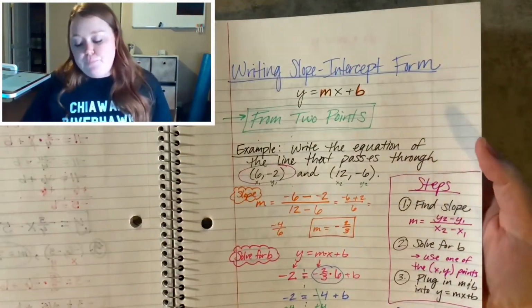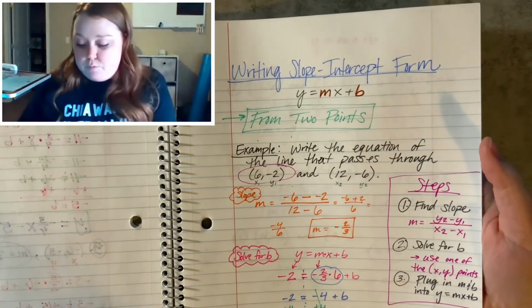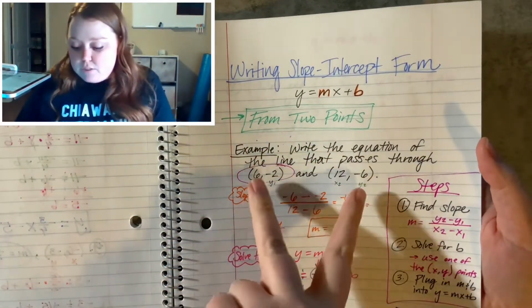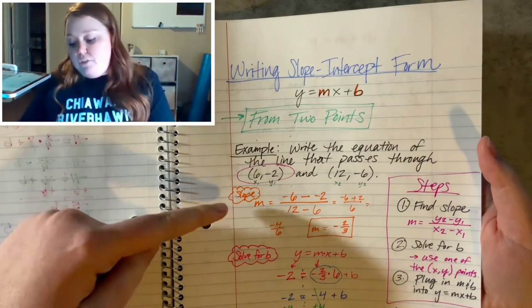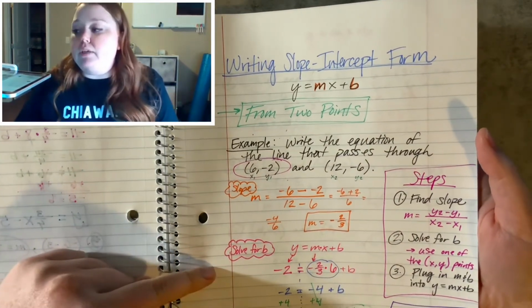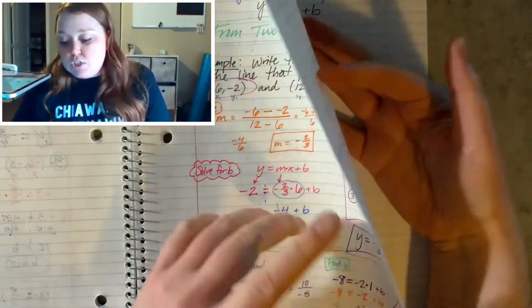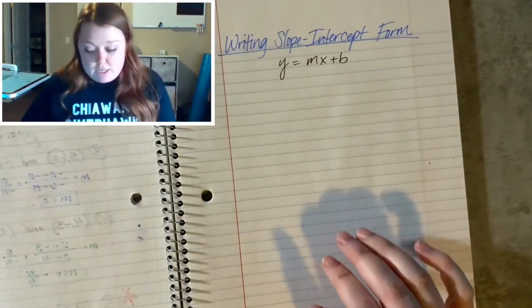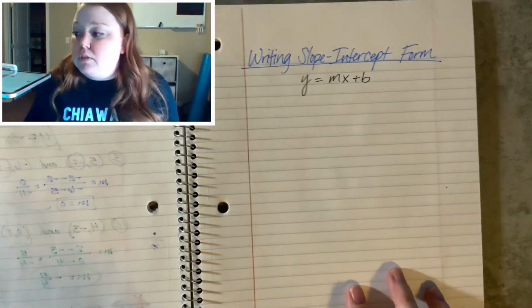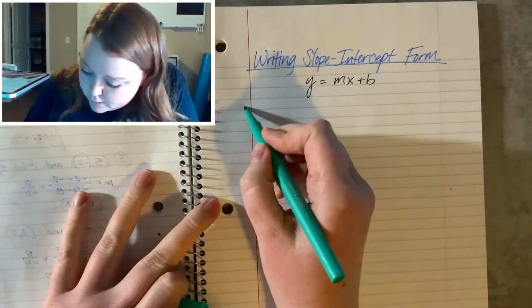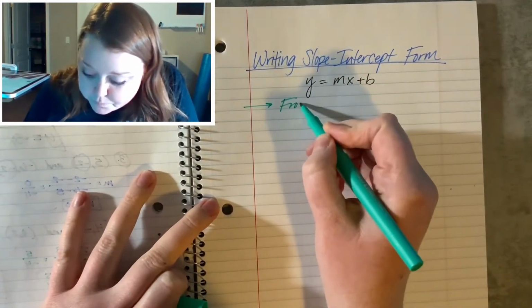Last lesson, though, when we did writing from 2 points, you had to find the slope first. Then you had to use that to solve for b. Then you got to plug it into the equation. Okay, so this time you're going to be writing slope-intercept form from a table.